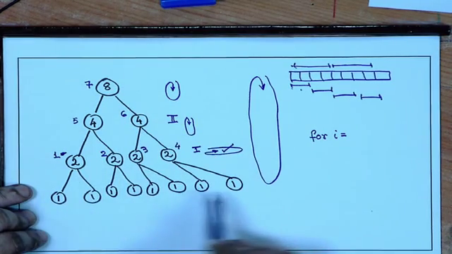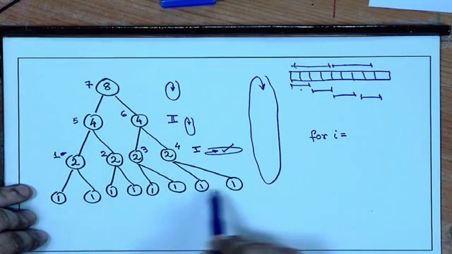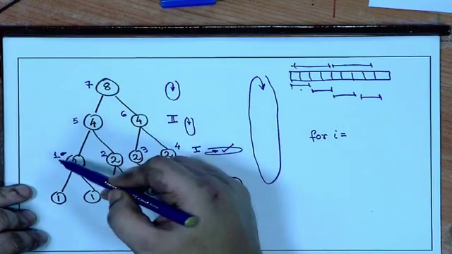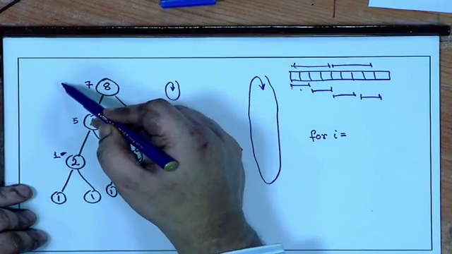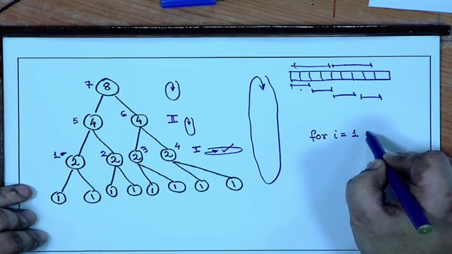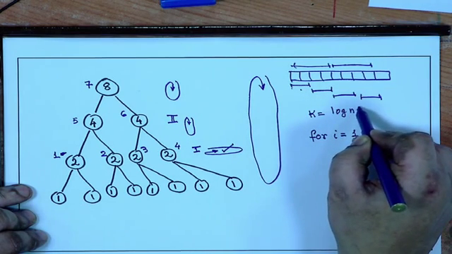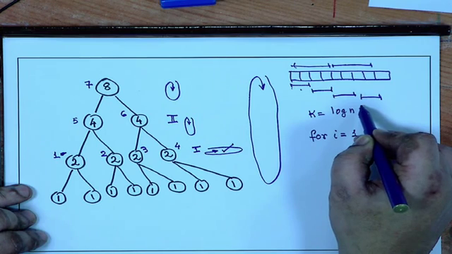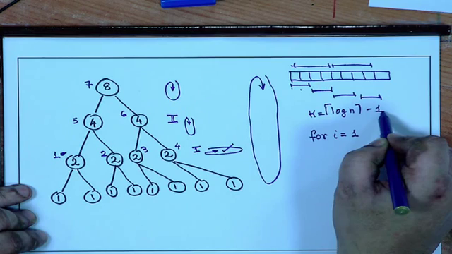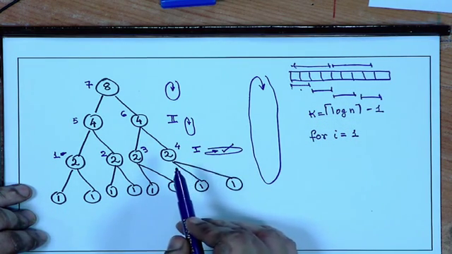If there are 8 elements here, this height is 4, 1, 2, 3, 4, and the number of iterations that you have to do is 3. So you will define k as ceiling of log n minus 1, because if you had 7 elements, you would still have had to do 3 iterations.